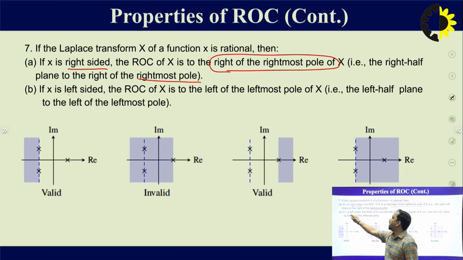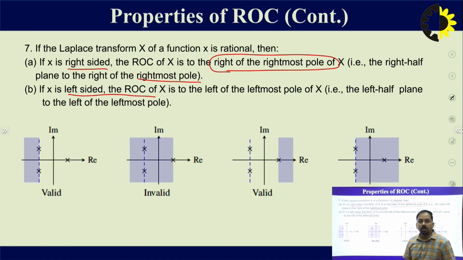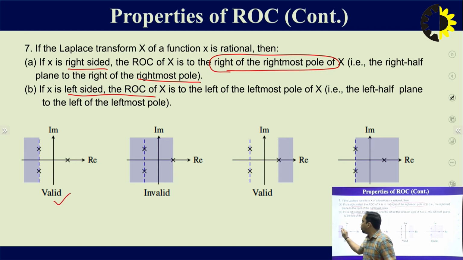Similarly, if x is a left sided signal, then the ROC of X is to the left of the leftmost pole, because again the reason is the same: at the location of a pole the transform does not converge. So we can see that this is valid because it is to the left of the leftmost pole. We can see that this can't be the ROC because the ROC does not contain any pole.